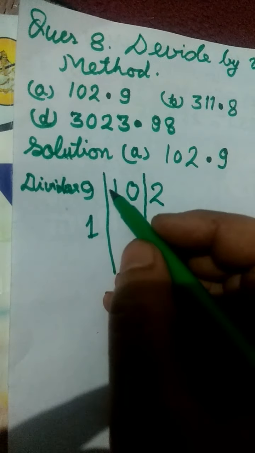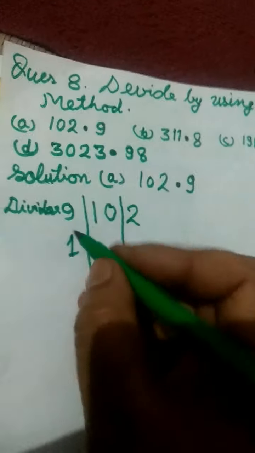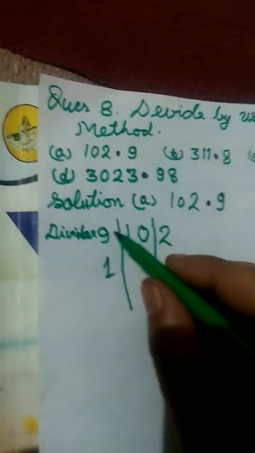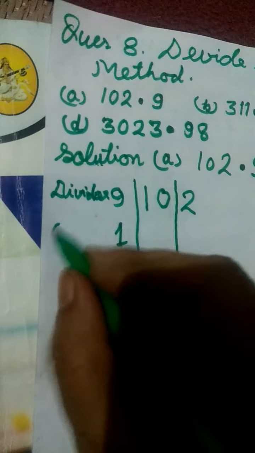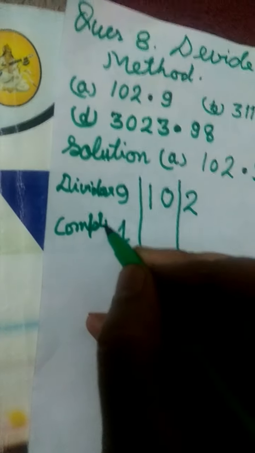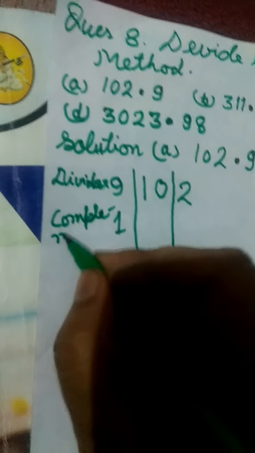Why 10? We choose 10 because 10 is the base number; 10, 100 are the base numbers. So we subtract 9 from 10, and 1 is the complement.